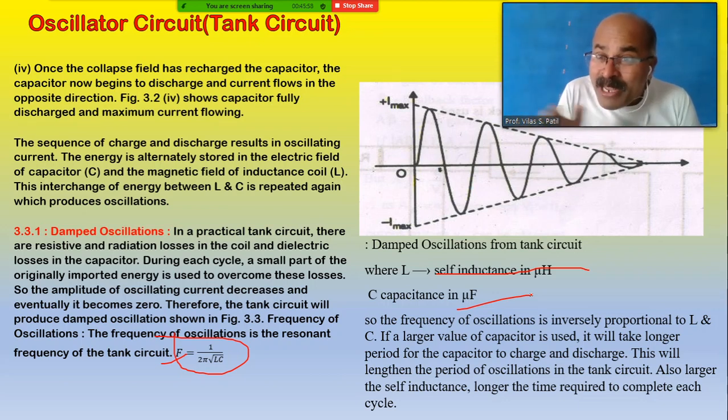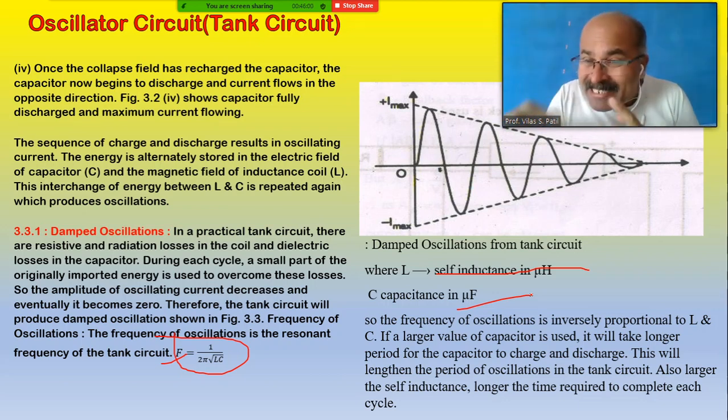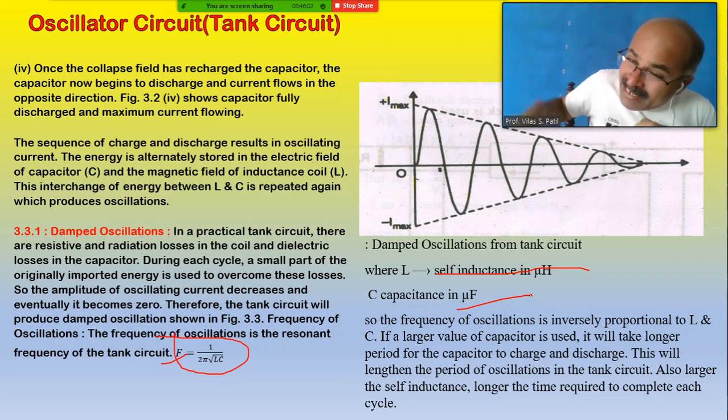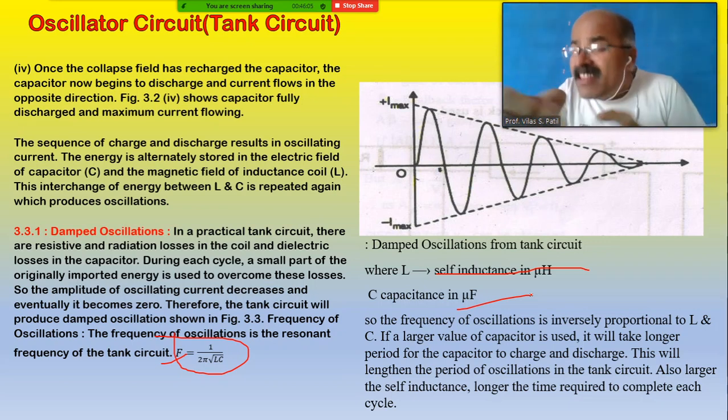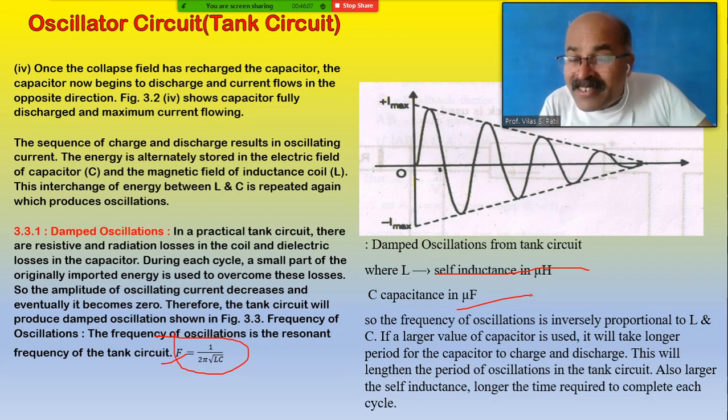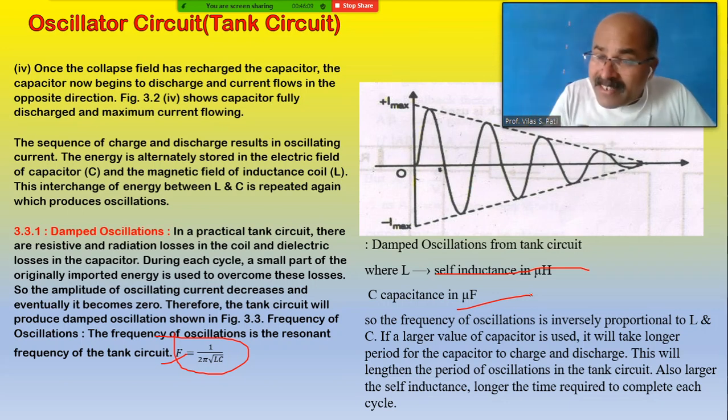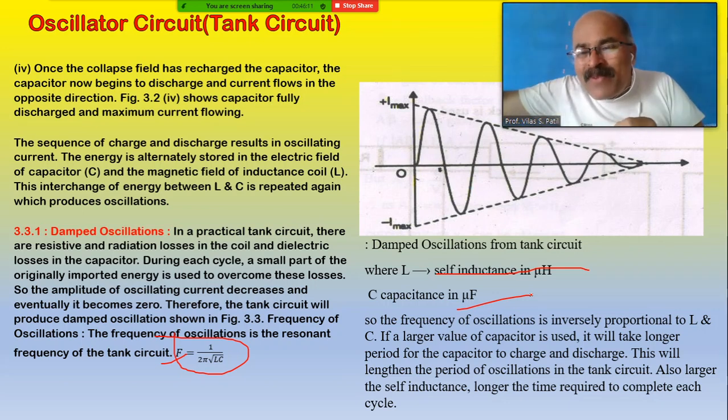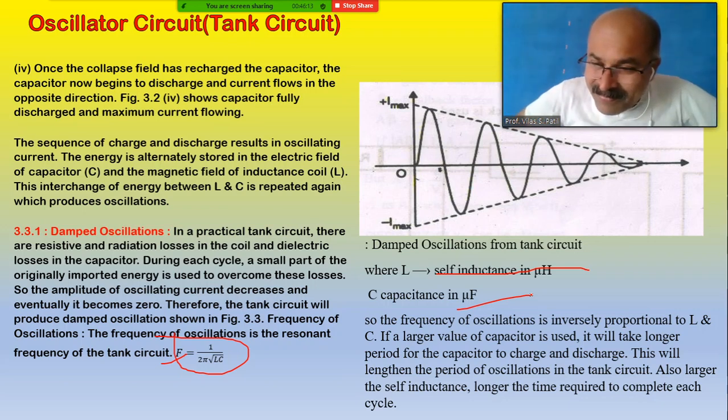We can get a variable frequency range just by changing the inductance or the capacitance. We can vary the frequency of the frequency determining circuit, the tank circuit, and also the oscillatory circuit.